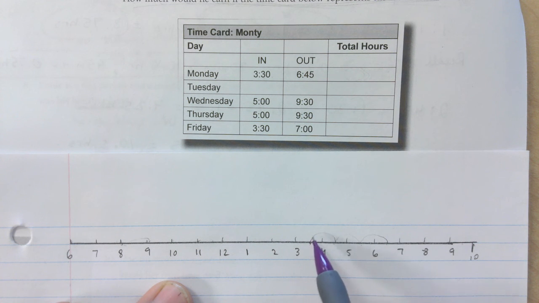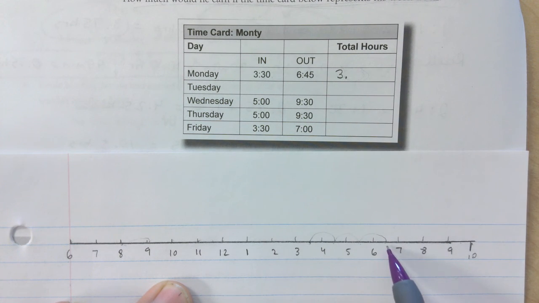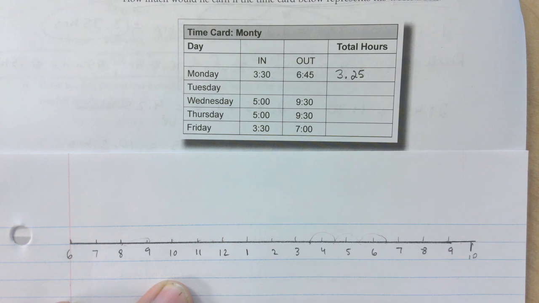So I know I have 3 full hours in. And to get me from 6:30 to 6:45, that's 15 minutes. So that 15 minutes would be a quarter of an hour. Okay? So that should be 3 1/4.